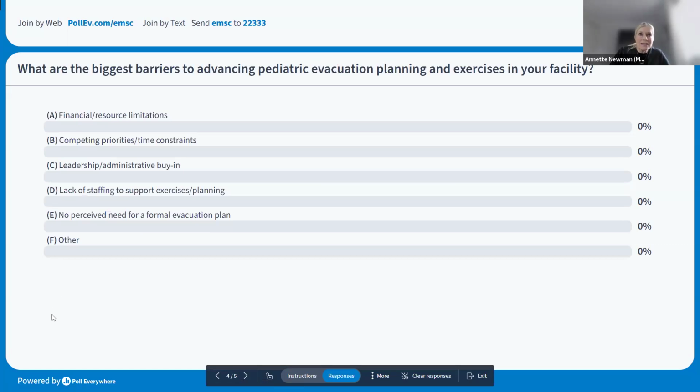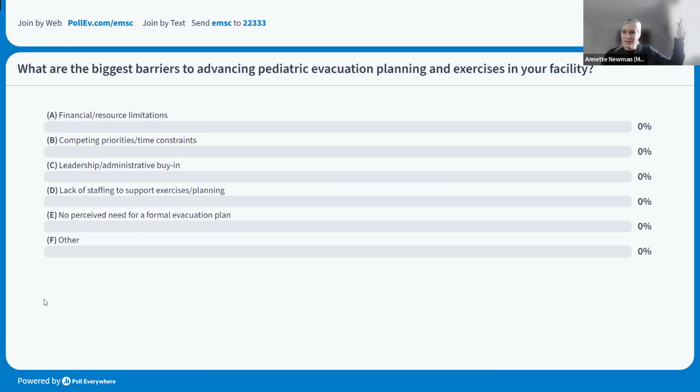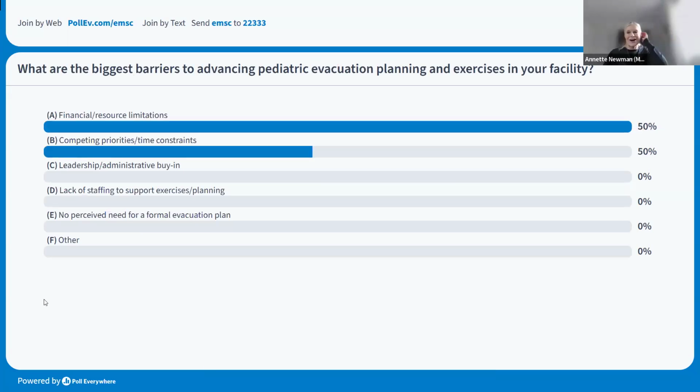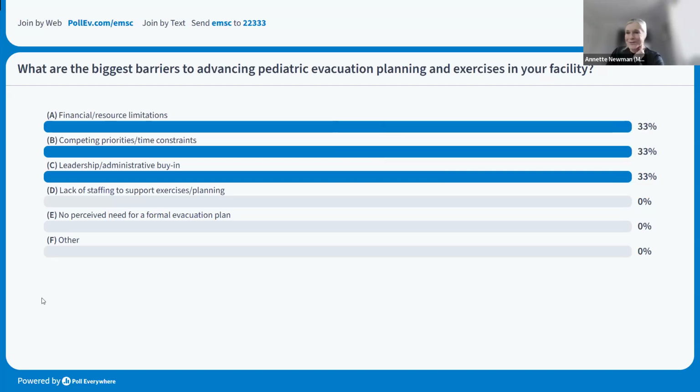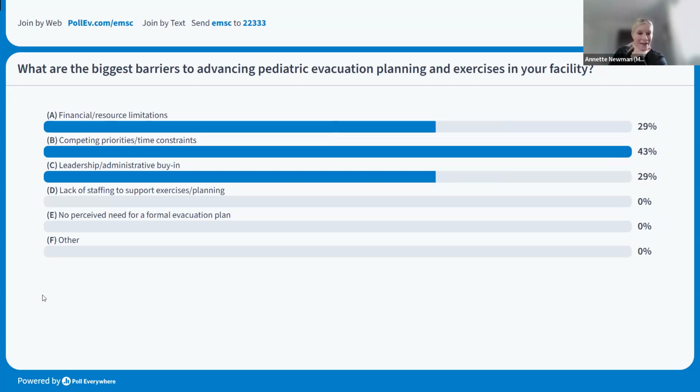And then this one is really important too. I alluded to this earlier on in our session. It's really important for us to understand what barriers there are to advancing pediatric planning, and then call on you that I've already underlined your names that don't have these barriers or that have found a way to surpass them.